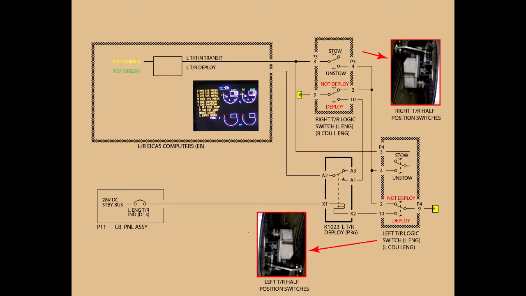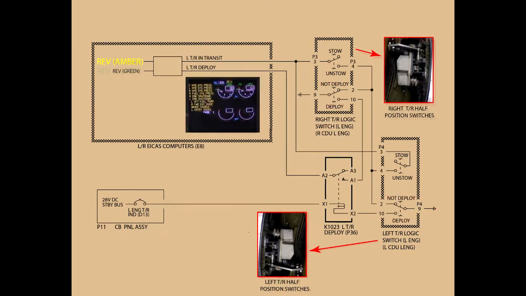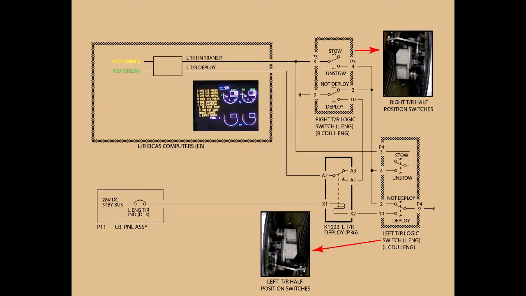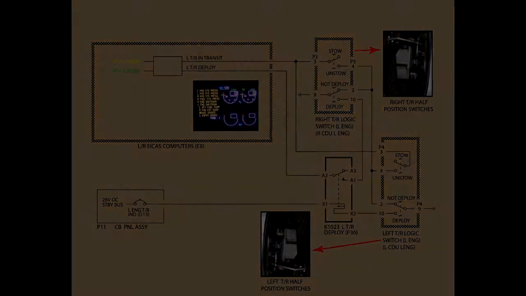As you can see, the ICAS computer is looking for a ground to display either the amber or the green REV reverser light. Because the reverser is not deployed and is stowed, there is no path to turn on any light.